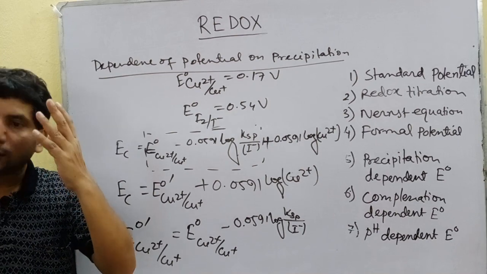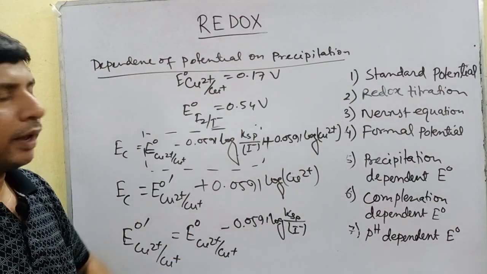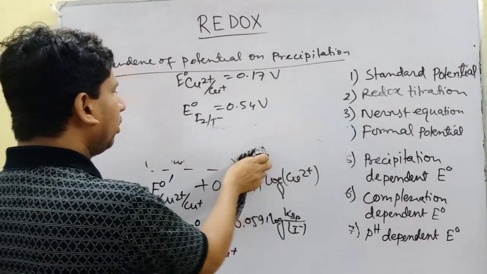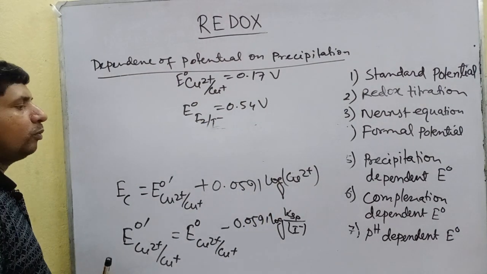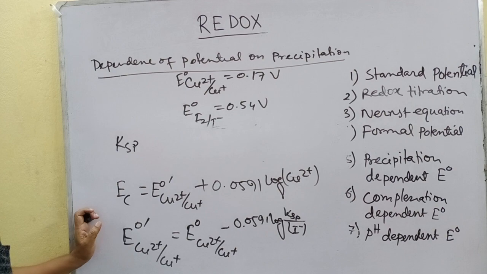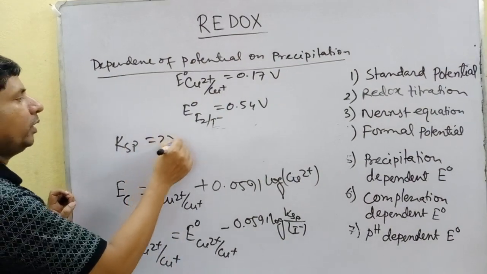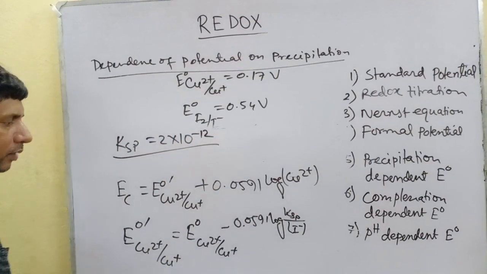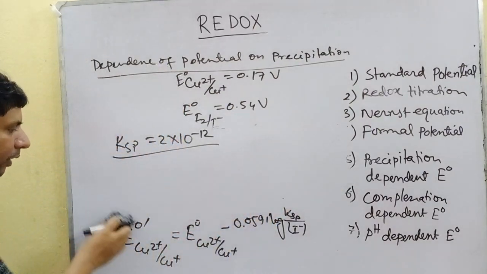If the value of KSP is given, and we consider the concentration of iodide in solution is 1 mole per liter, that is molarity 1, and KSP of CuI equals 2 into 10 to the power minus 12, then we can calculate the formal potential.